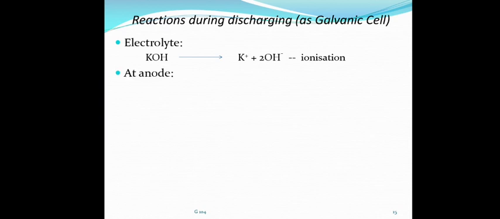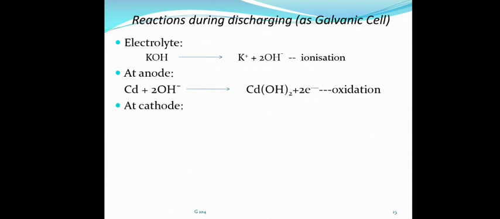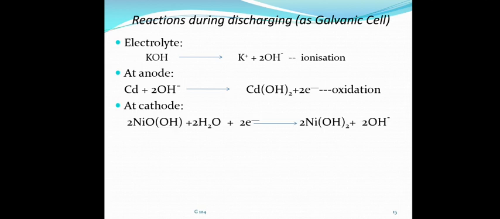Reactions during discharging as galvanic cell. KOH is forming OH- at anode. Cd is forming cadmium hydroxide. At cathode, nickel hydroxide is forming, Ni(OH)2.